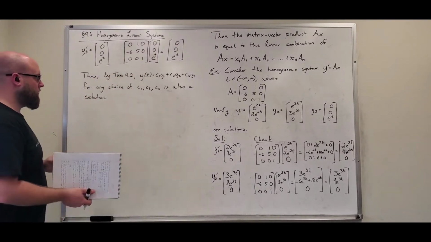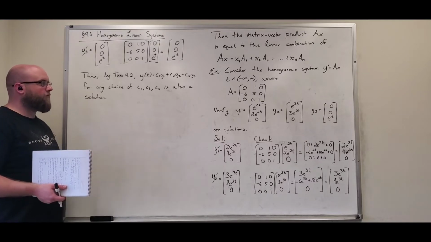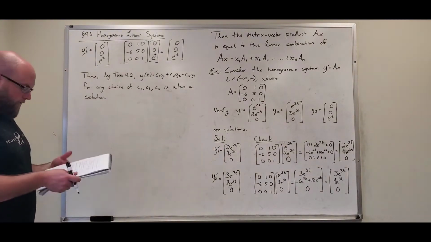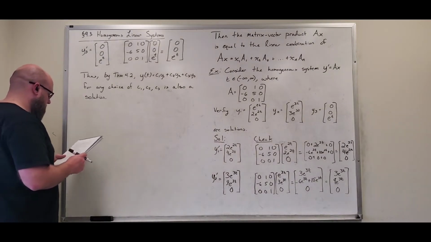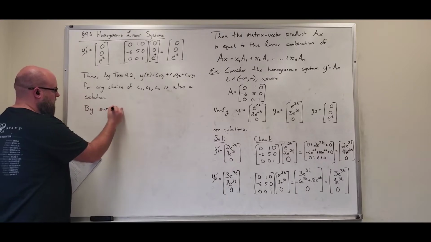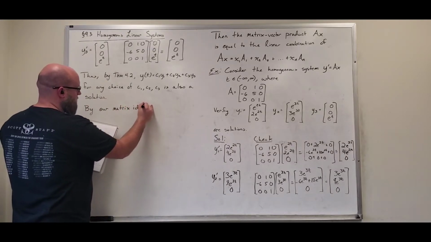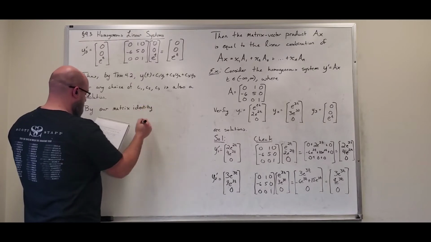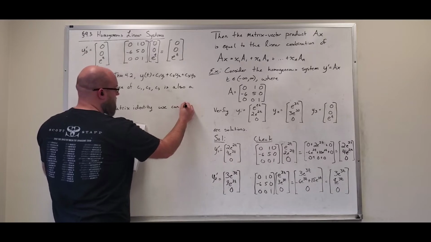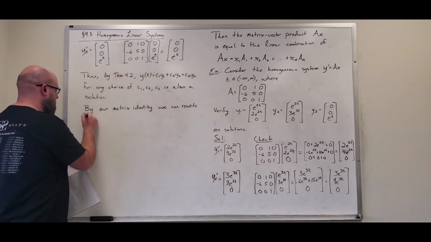Is it the general solution? So this is where we're talking about, does this form a fundamental set? Does the Wronskian equal non-zero for that part? Okay. So by our matrix identity, we can rewrite, sorry, this linear combination.